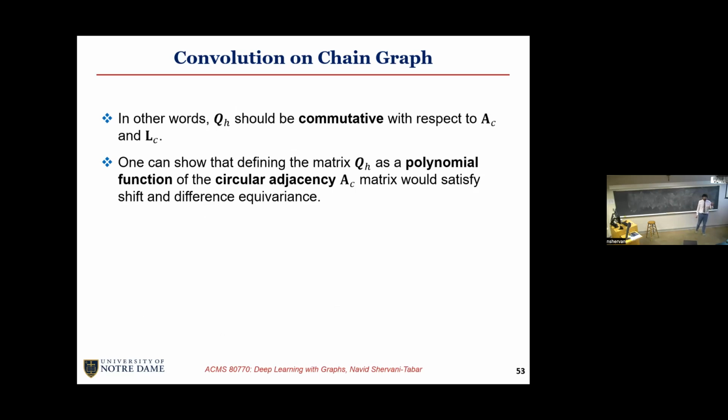It should be commutative with AC and LC, and we can construct that by constructing a QH in the form of a polynomial with respect to our circulant adjacency matrix. So that means that I can define my matrix QH as essentially a sum of different powers of my circulant adjacency matrix. That means that it's a polynomial function of AC.